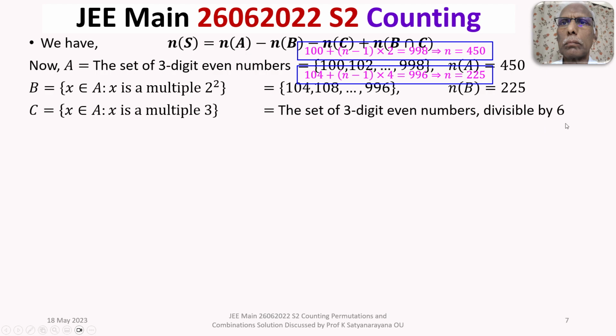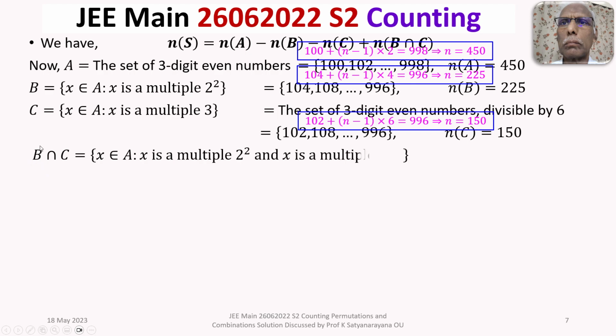It will start with 102, yes, 102 is divisible by 6. That is the first 3-digit number. Then 108, plus 6, 114, and so on, and ends with 996. Use the same formula, and you will get the number of elements to be 150.